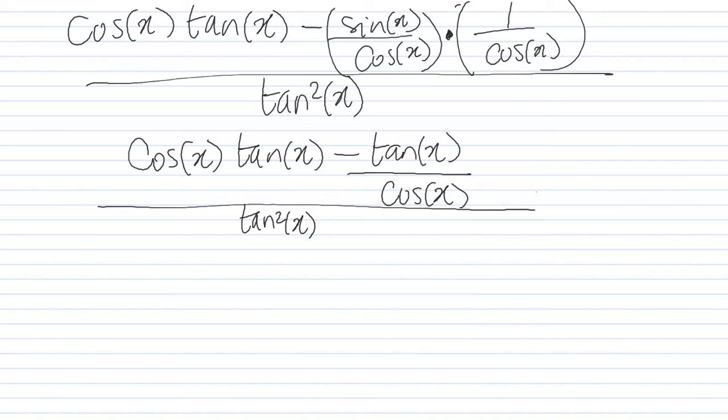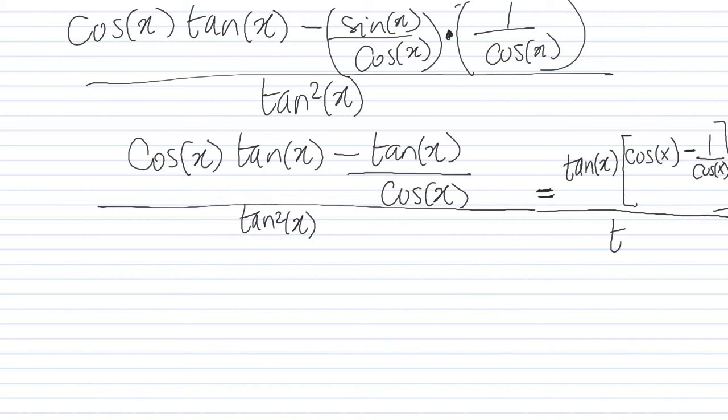So we end up with this here. So we're going to bring out a tan x here, and then cosine x minus 1 over cosine of x, and all of that divided by tan squared of x. Okay, so now we can cancel out.